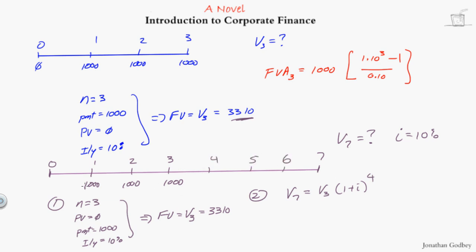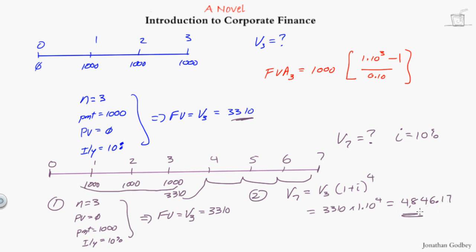I'm going to take these values, and this is important to think about, I don't care if you give me $1,000 a year for 3 years, or if you give me $3,310 at year 3, or if you let that sit in the account for 4 more years, at $3,310 times 1.10 to the 4th is going to be equal to $4,846.17. So that's the value in year 7.